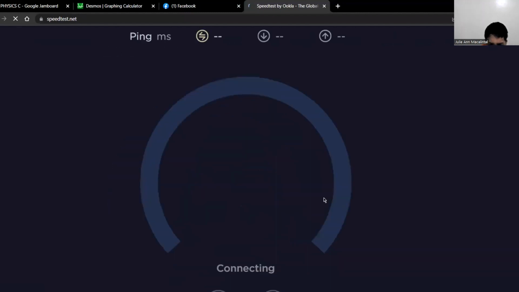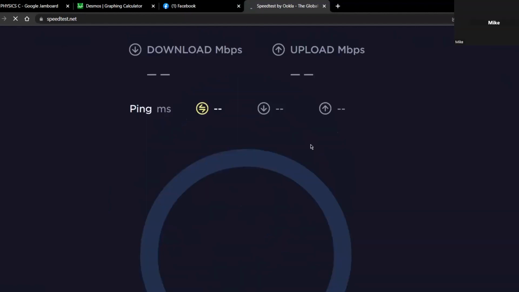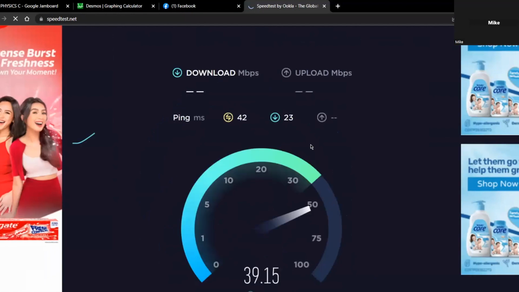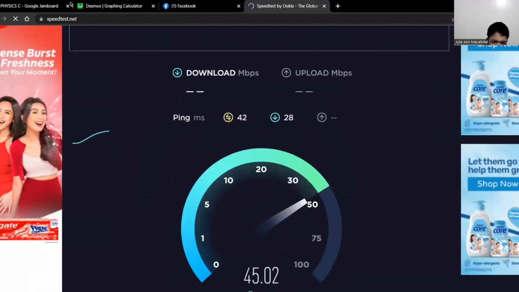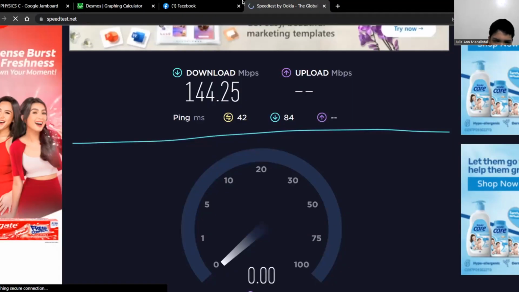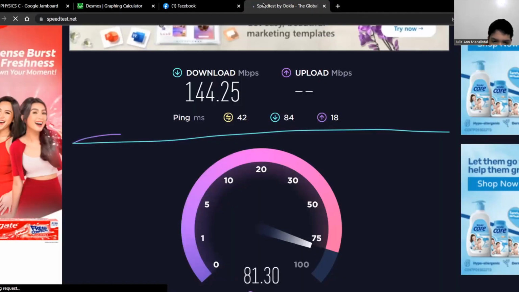Parang mabagal yata po. Baka yun yung dahilan. Pero decente naman yung speeds. Baka servers ng Google? Ayun, ngayon po, mas clear. Kanina po parang gumagana po.